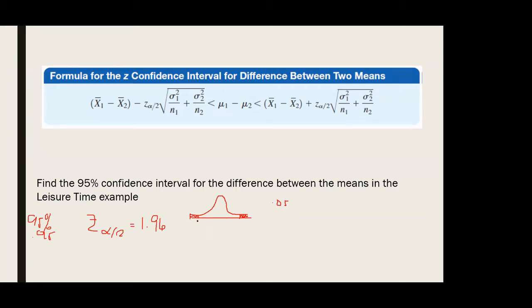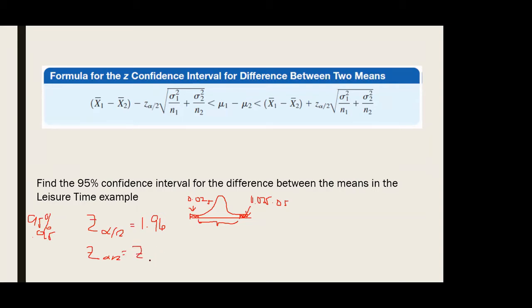So basically we are using this interval as a range where we say that we are 95% confident that the true difference between the means is within this interval, correct? So this area should be equal to 0.025, and this area is equal to 0.025.